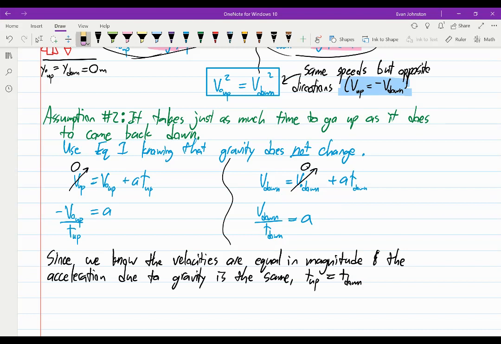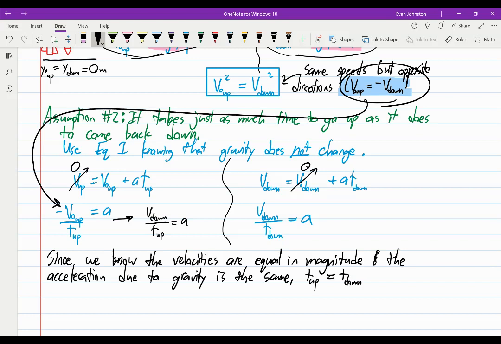Let's do it over on this side. So really what I'm saying is, since we know that the speeds are flipped for this v naught up and v down, I could have rewritten it as v down over t up equals a. Really, I'm just plugging it in right there, okay? So that's really what's happened here.